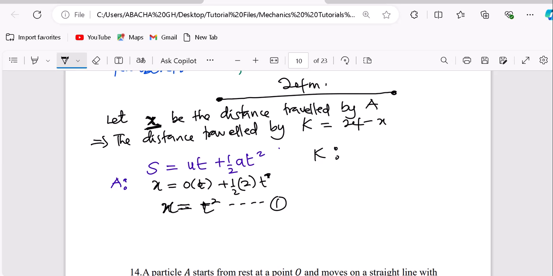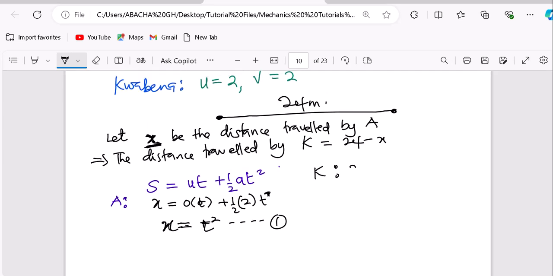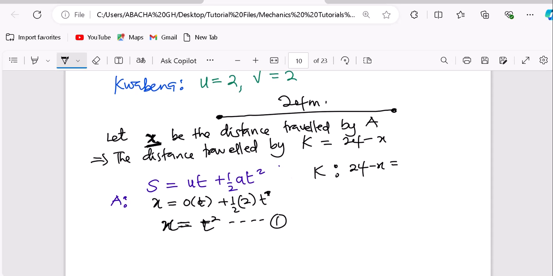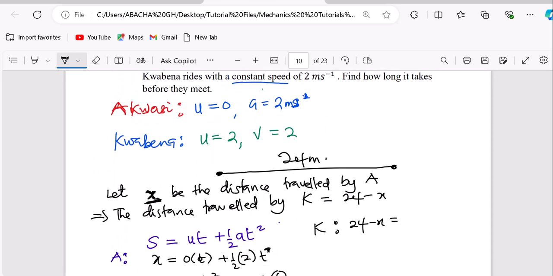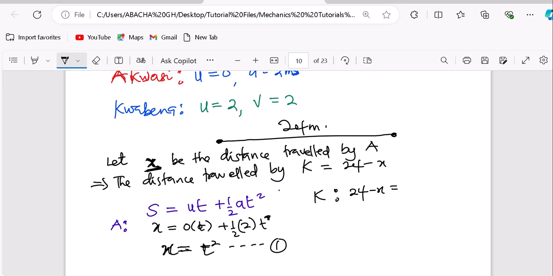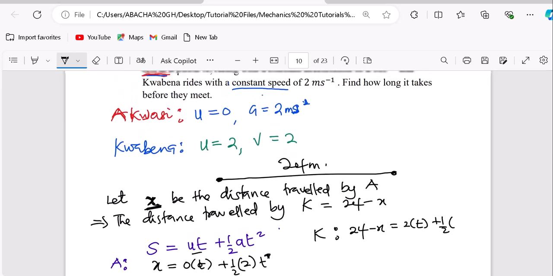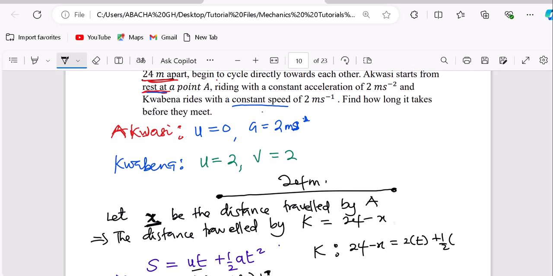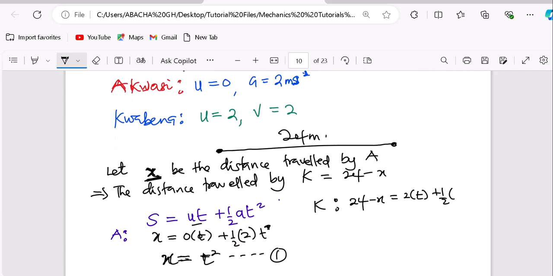Then let's go for Kwabena. As for Kwabena, his distance is 24 minus x. 24 minus x equals ut plus half at squared. His initial velocity is actually 2, because his velocity was constant throughout the distance. So putting it inside this formula, that will be 2 times t plus half times his acceleration. Does he have acceleration?